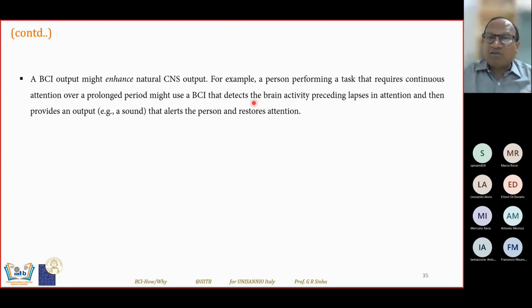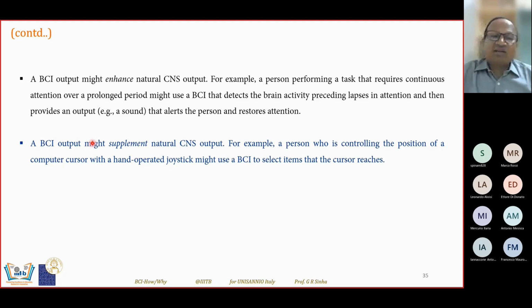When there is a lapse, the person can be guided through the alert signal because of detecting the lapse in the brain signal. So the work is in real time. Remember, you are capturing the brain signal in real time and continuously monitoring it. When you find a lapse in the brain activity, the system comes into the picture and generates the alert.